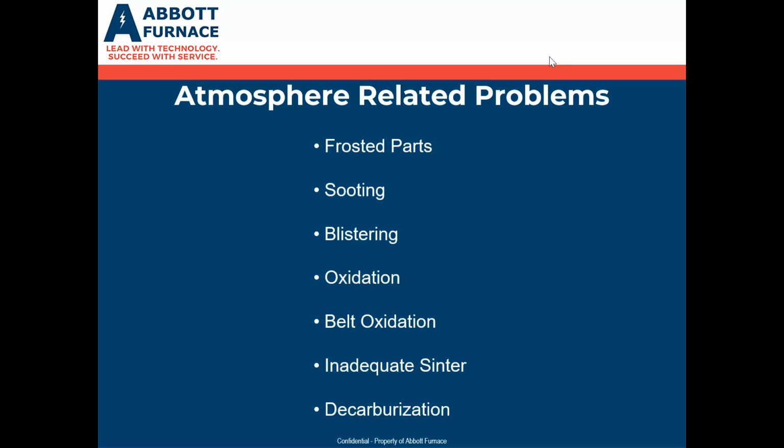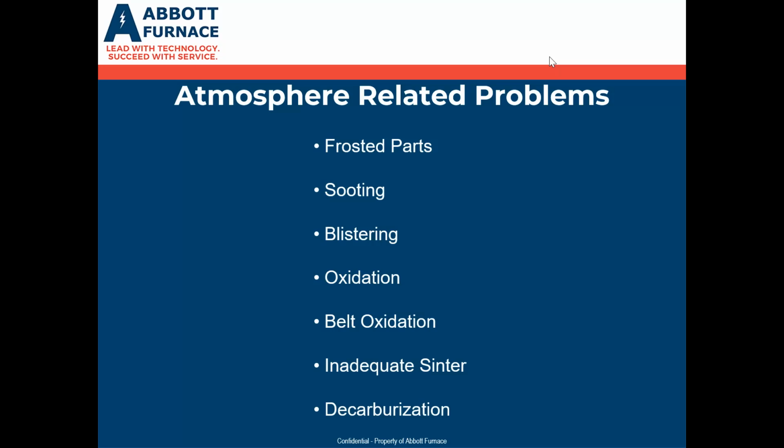Inadequate sintering. If we don't get all the oxygen removed off of those particles and have clean particles to bond to each other, and we have spots in the product where we're not getting a good oxide reduction, we're not going to get good bonding. So we'd have an inadequate sinter.